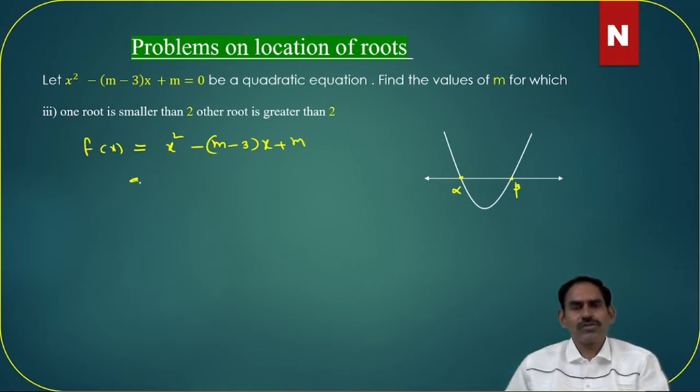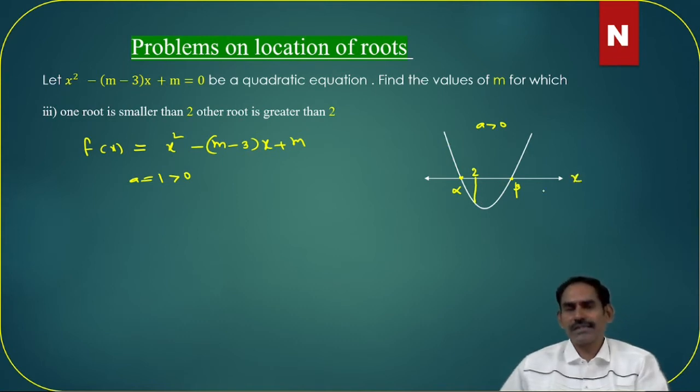Here a equals 1, positive, open upward direction, parabola we are drawing. One root is smaller than 2, other root is greater than 2 means I am taking 2 in between alpha beta. Here alpha is less than 2, beta is greater than 2. That's why this is the possibility of the diagram.